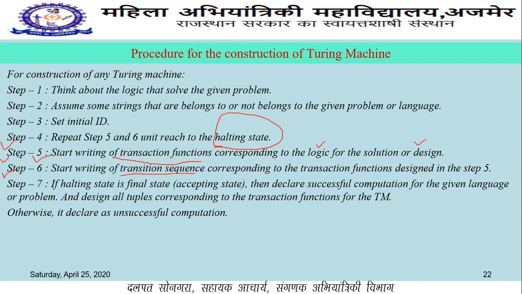These step 5 and step 6 are working simultaneously. Means we have a current situation according to the problem, and from that current situation we think what we should do further. So actually by that we design our transition functions.